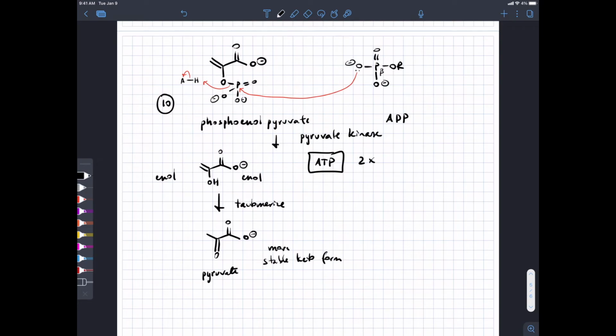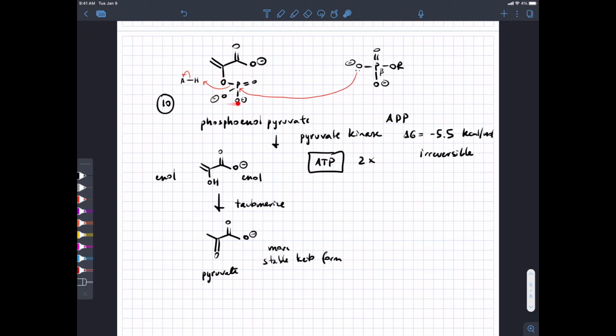Again, it's named for the backwards reaction. Interestingly, this step is also irreversible. It's very downhill in energy, which is interesting because ATP itself has pretty unstable bonds and is really high in energy. The reason this step is irreversible, again, two things.